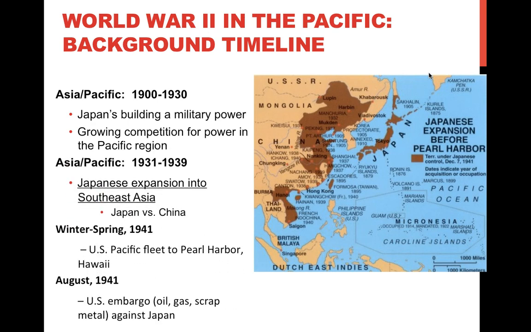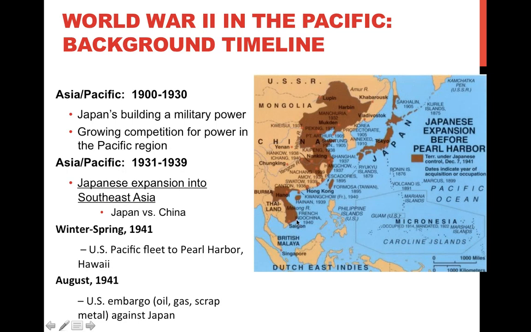In the late 1930s, Japan begins to expand into other areas of Southeast Asia. The one that got the most international attention was Japan's invasion of China in 1937. And then as we got into the late 1930s and early 1940s, Japan would extend its reach farther into Southeast Asia, into what was then known as French Indochina, what we know today as Vietnam, which is right here.